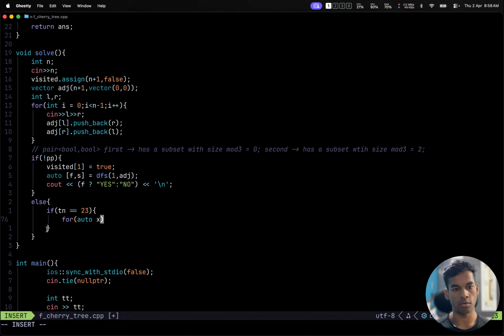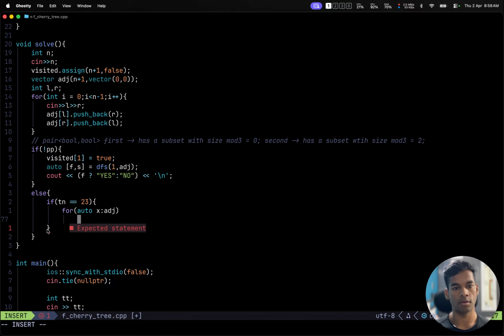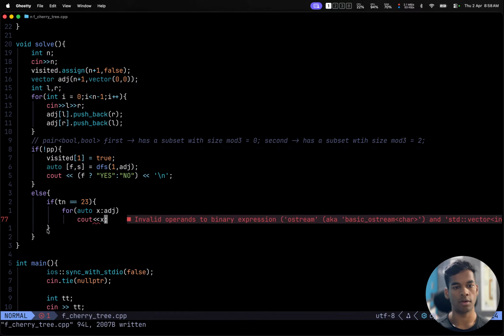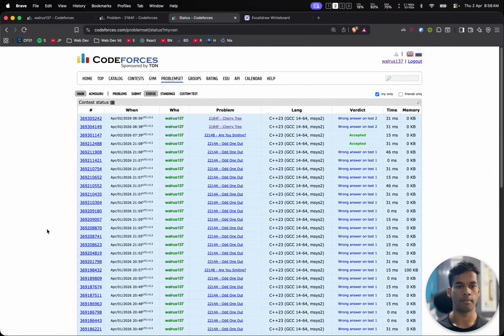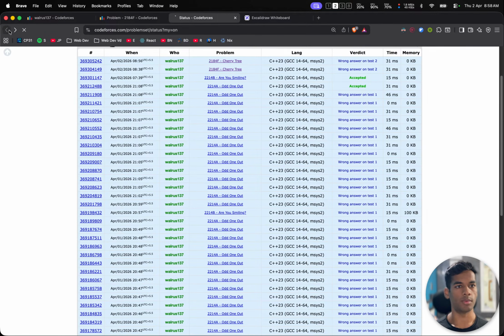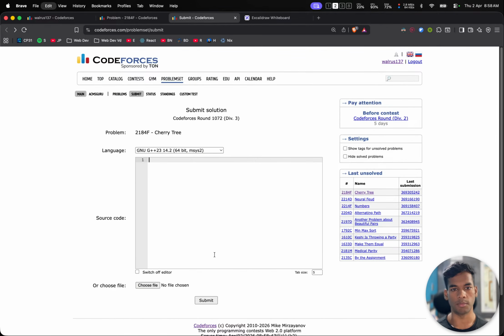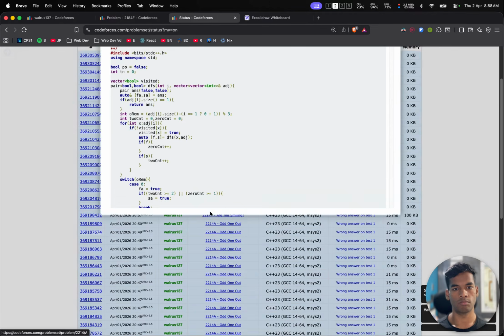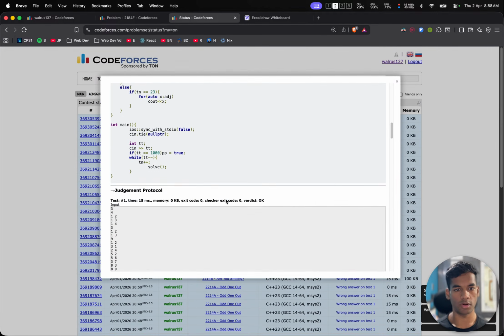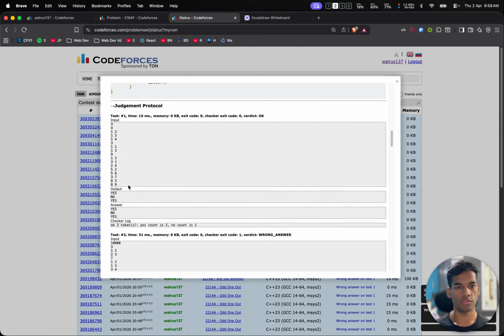For auto x and adj, x. Let's see. We should be able to print the solution or the problem, the test case on which we got the wrong answer.